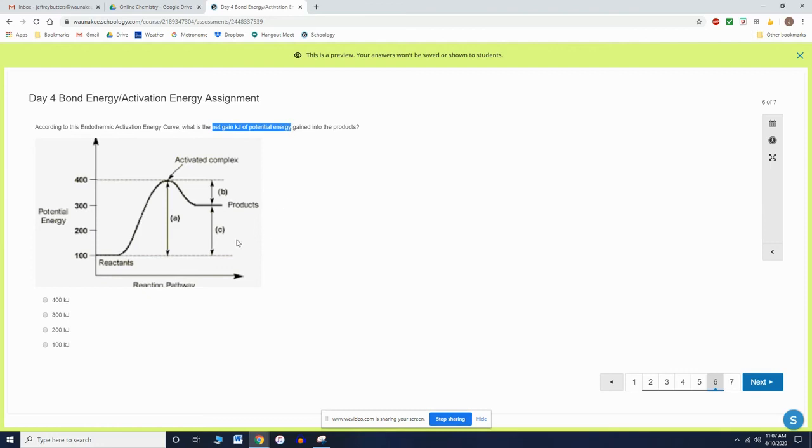This gain of energy is represented by letter C. That is the difference between the reactant energy and the product energy. Because the products are at 300 units of energy and the reactants are at 100 units of energy, the difference is 200. The net gain of energy is 200, in this case kilojoules of energy.